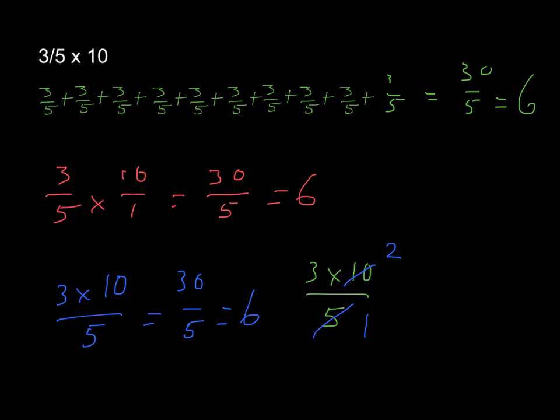And then I can say that I have 3 times 2 over 1, which is the same as 6 over 1, which is 6. If you're not sure about this process on the right here, if it's more confusing to you, don't do it. Or ask me and I'll explain it.